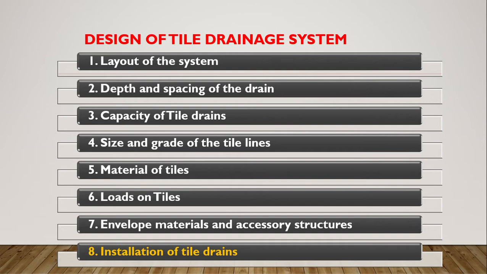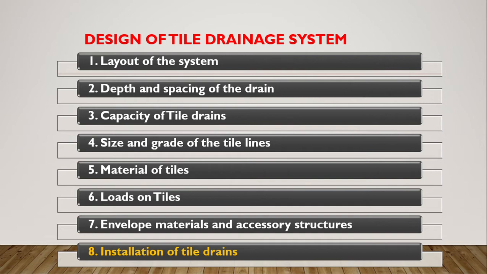That we calculate by using Manning's equation. After that, using this capacity, we find the size of the drains, that is the diameter, and the grade of the tile drains, how much slope we should give to the tile drain. So that we have calculated.